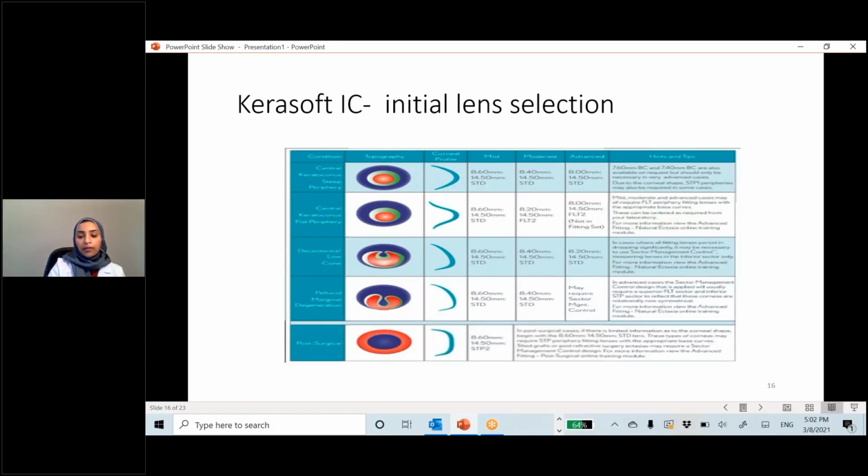So we just have to remember, just because our corneal curvature is steep, we are not jumping to a 7.8 lens in the diagnostic set. We actually have to think that we are fitting the whole cornea using a Kerasoft lens, and remember, we want this lens to drape over the cornea. We don't want any extra tear pooling under this particular design.